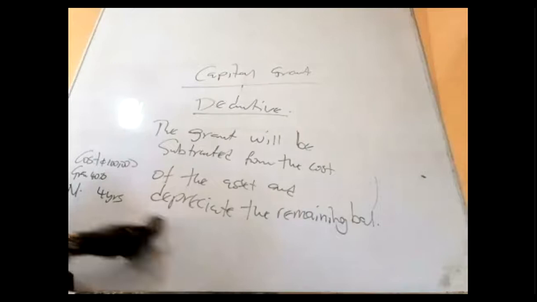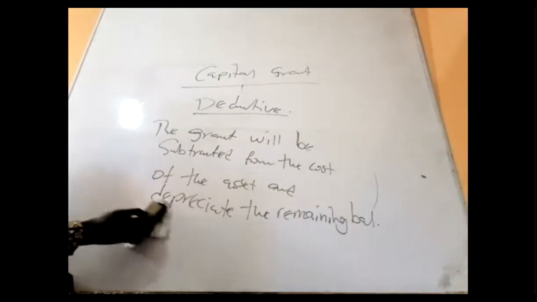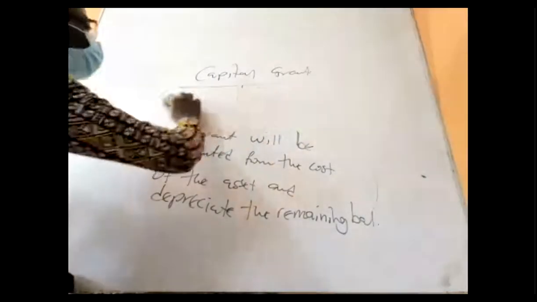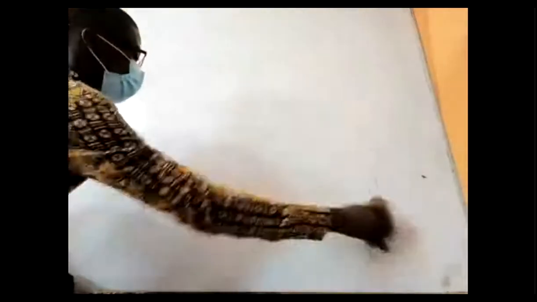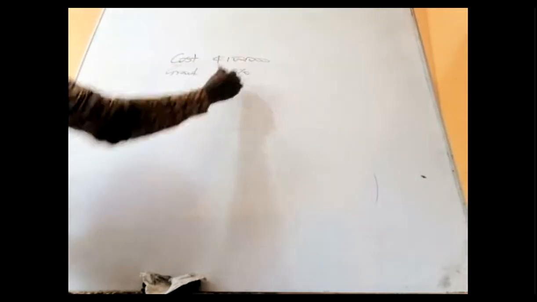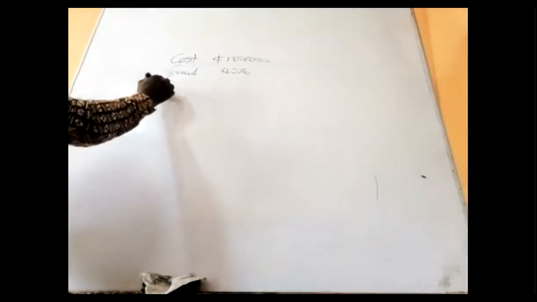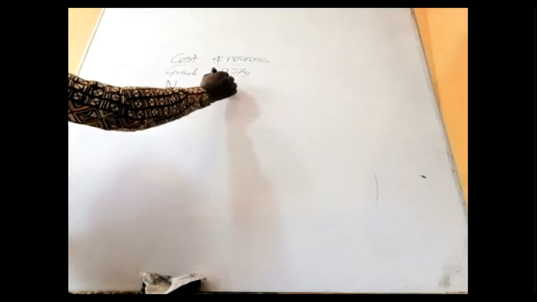Right, let me write this one. The original cost of the asset is equal to 100,000. Grant received: government said that it will support with 40% of the amount. The asset has a useful life of 4 years.